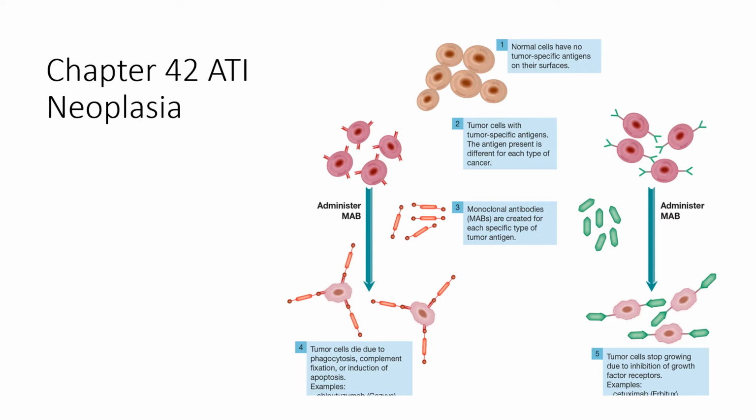And once you bind an antibody to an antigen on a cancer cell, then the body recognizes that antibody-antigen complex as foreign and destroys it. So it can either destroy it with inflammation, or it can destroy it with phagocytosis, and the cancer cell just dies. Okay, so monoclonal antibodies are a very specific cancer treatment to specific cancers. So we'll talk a bit about those later.